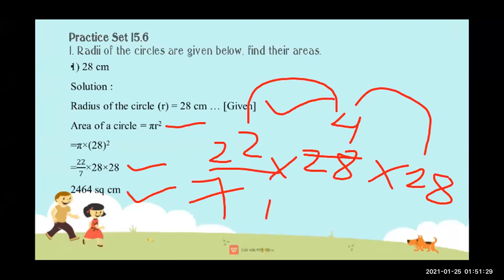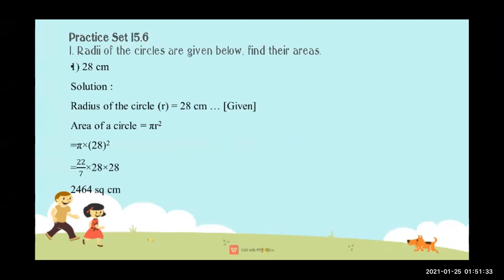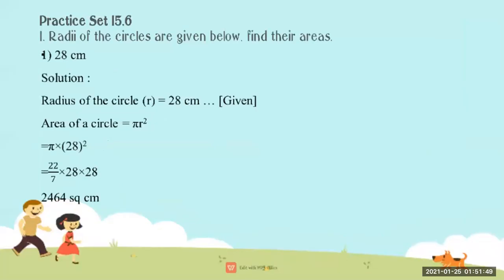I hope everyone understood. See, we have to put the value in the formula, from the question, and then all the things the same. Then cutting we have to do, and we are getting the area of a circle. Now let's move to the second one.